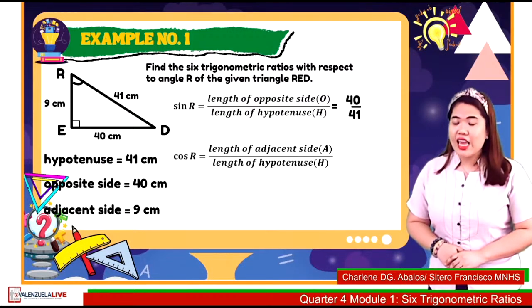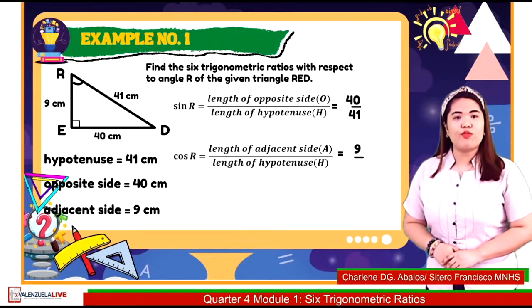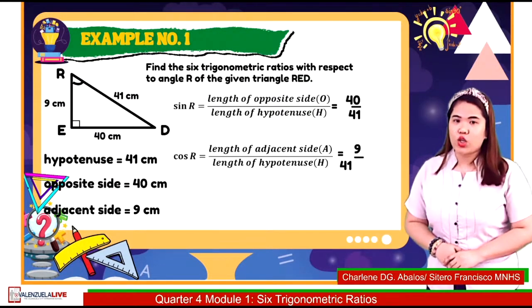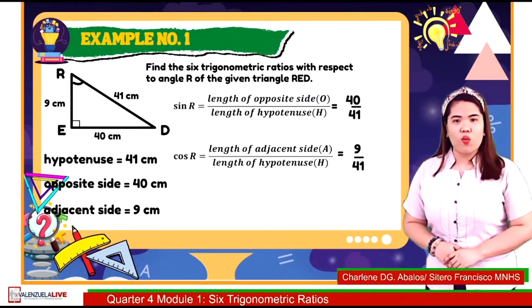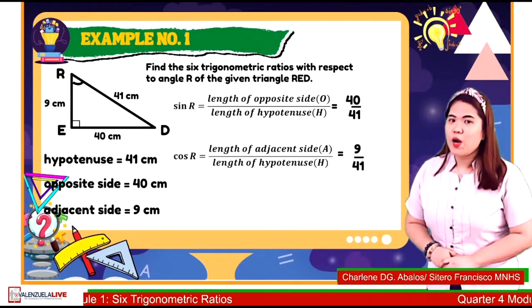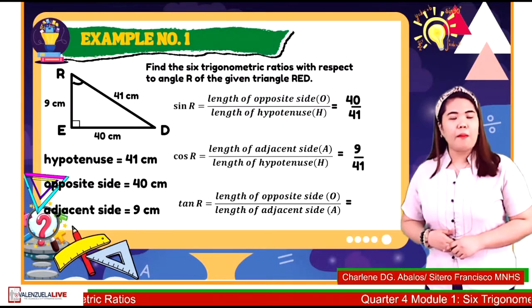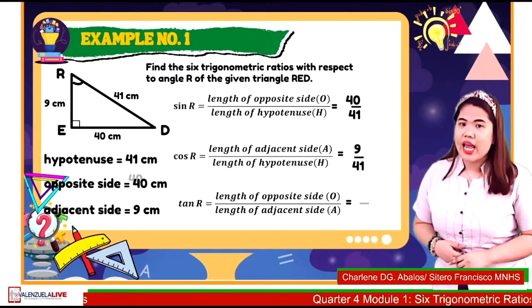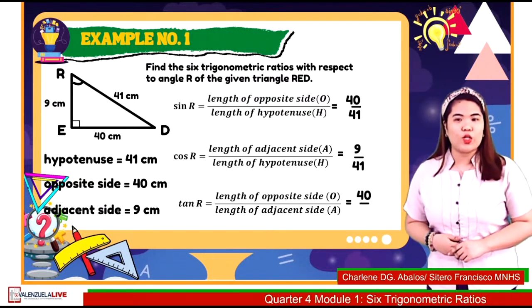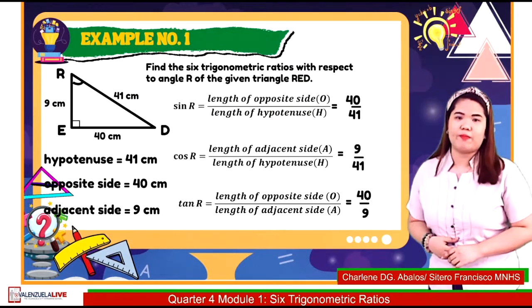Adjacent side is equal to 9 and hypotenuse is equal to 41. We have the ratio 9 over 41 for cosine R. Tangent R is the opposite side over the adjacent side. Opposite side is equal to 40 and adjacent side is equal to 9. We have 40 over 9.